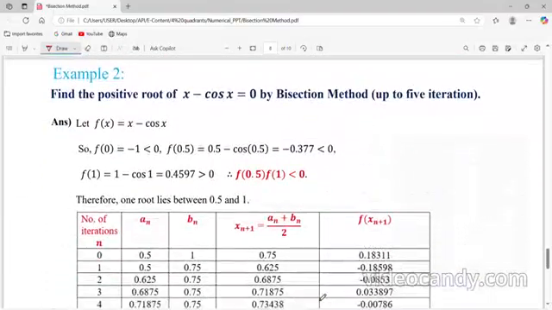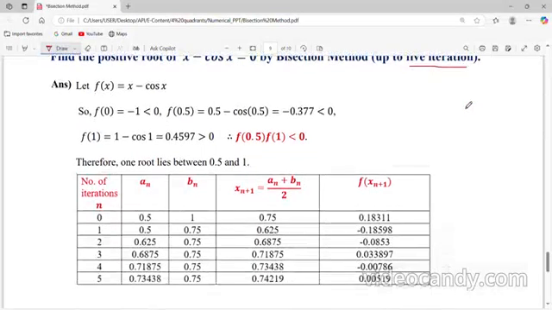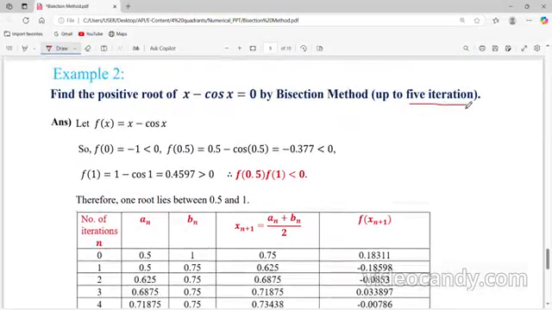So here also, just see, find the positive root of x minus cos x equal to 0, up to 5 iterations. It is given. So here we have an option where we can fix the number of iterations. Same way, since the interval is not given, we will start from 0.